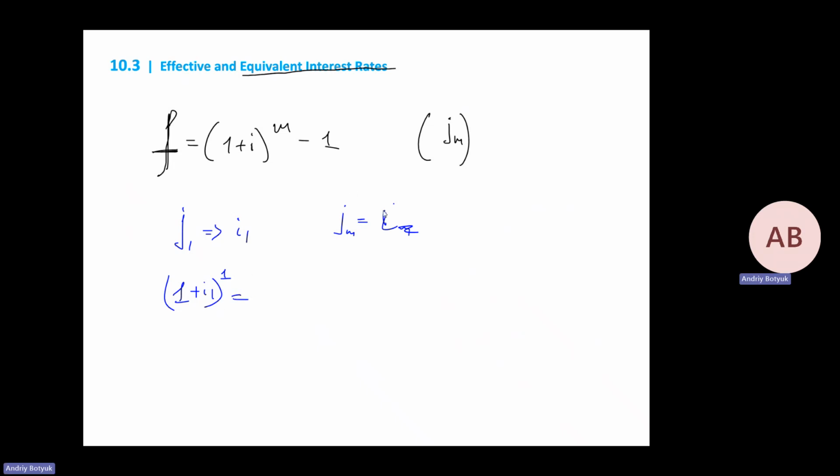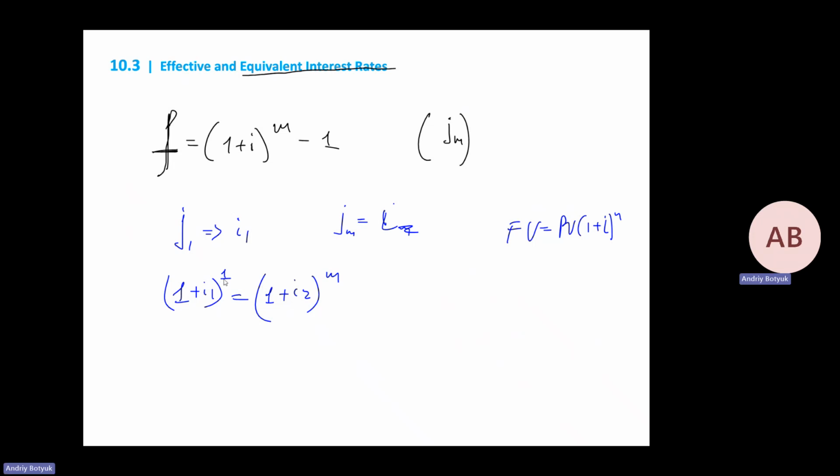And because those rates should be equivalent, they should be equal, right? But we don't use the minus 1 here. The future value formula has no minus 1. I operate for 1 year, so n is m.